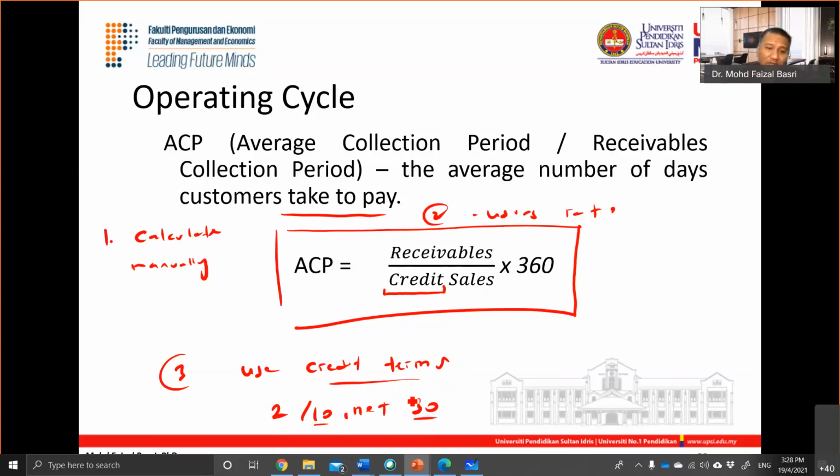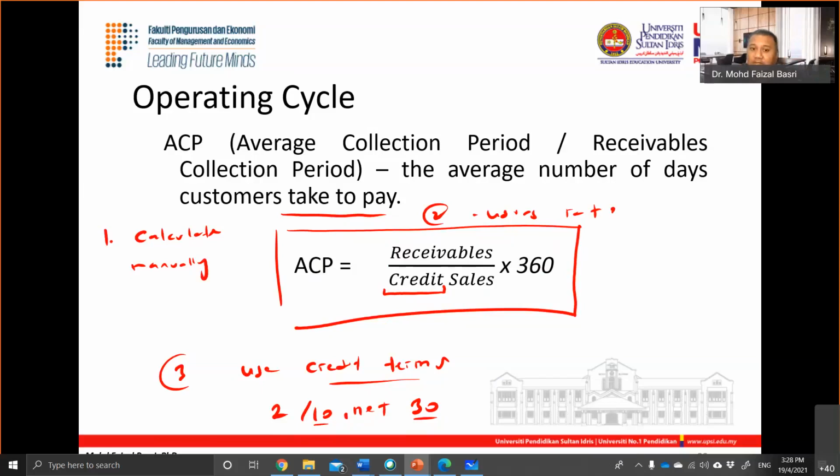As a business owner, if you own a business and you give credit to customers, do you want your customer to pay early or to pay late? Normally, will you expect your customer to pay early or to pay late? Obviously, as a natural instinct, we expect our customers to pay early.